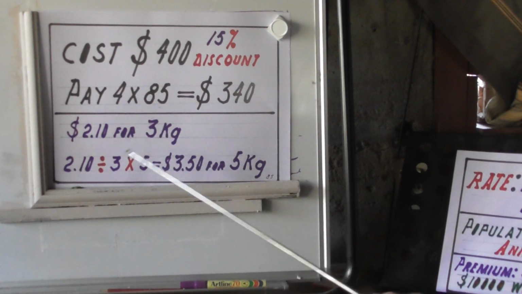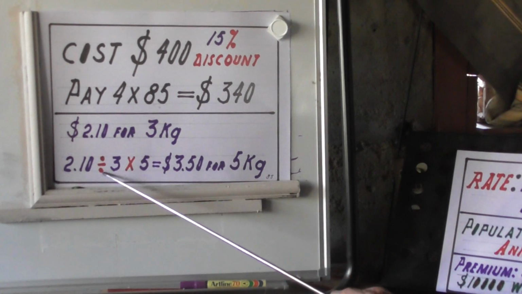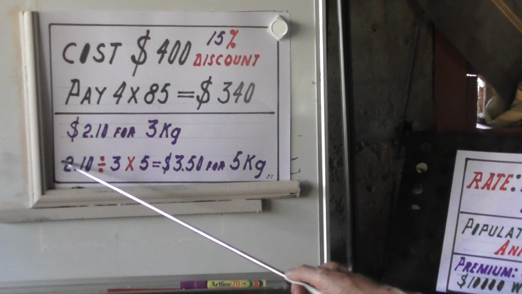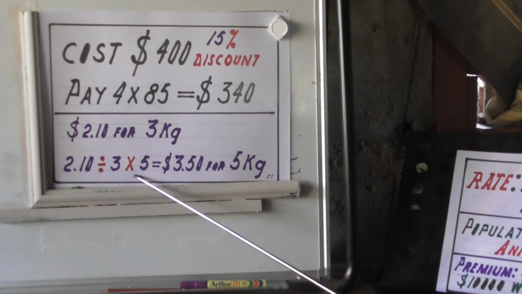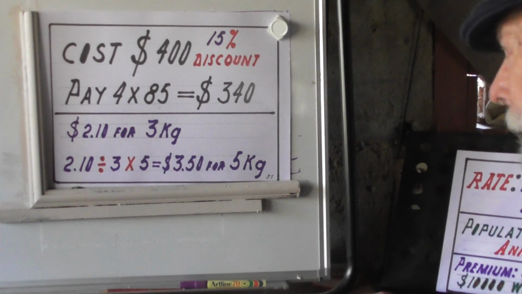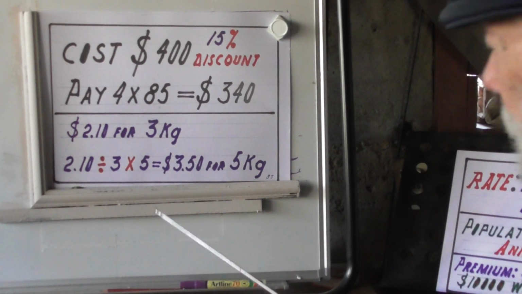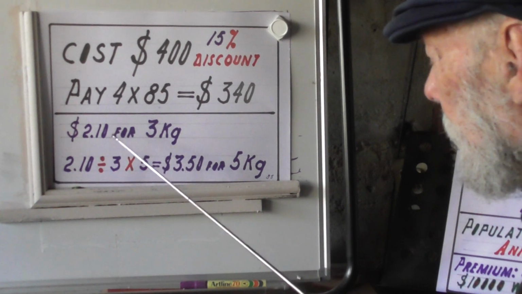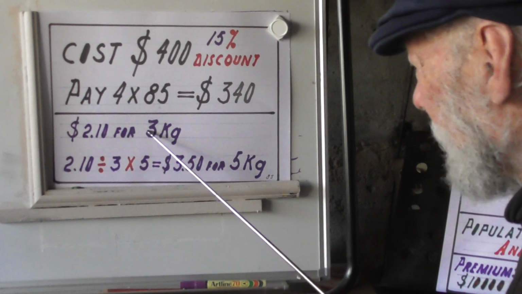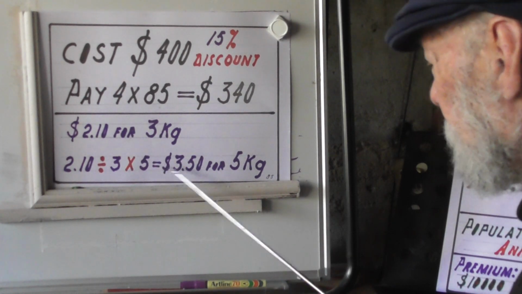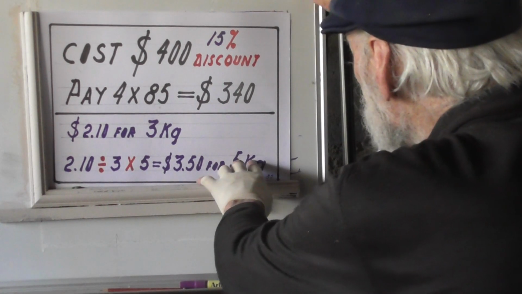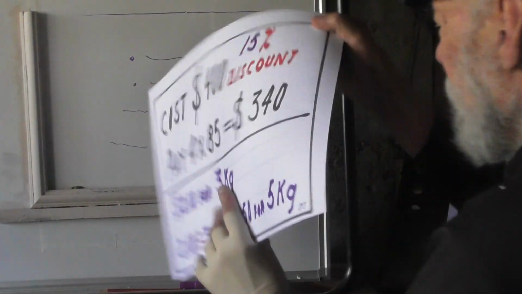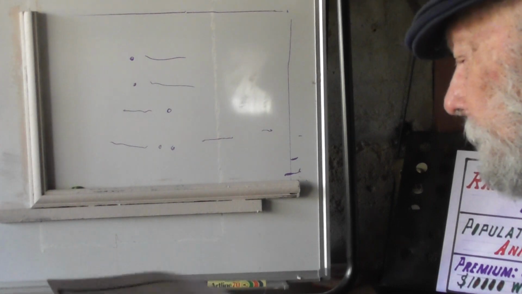So we go from 3 kilo to 1 kilo, that is 70 cents, and if you want 5 kilo, then it is $3.50. Unitary method. This for 3, that means 70 cents for 1, and $3.50 for 5. That is just old-fashioned shopkeeper.